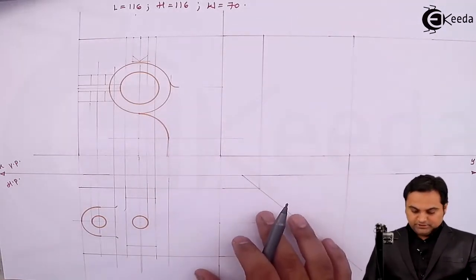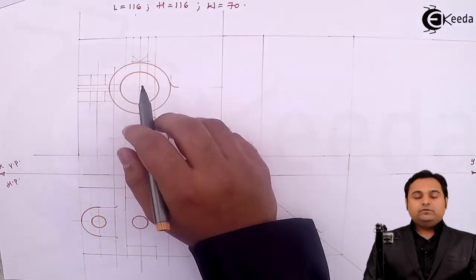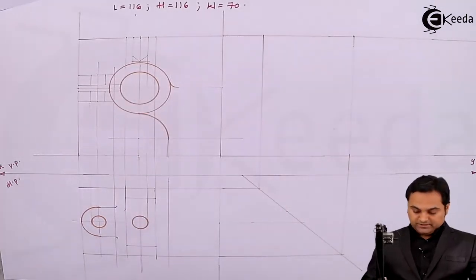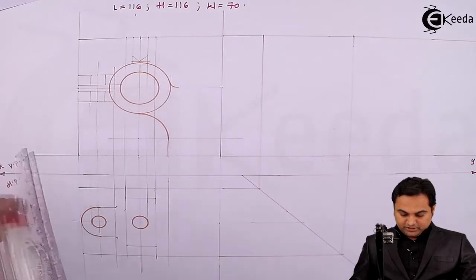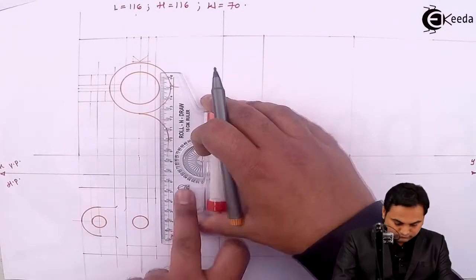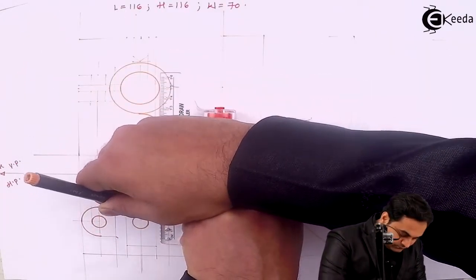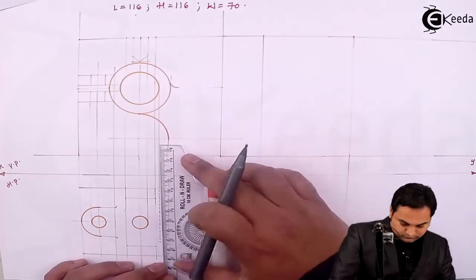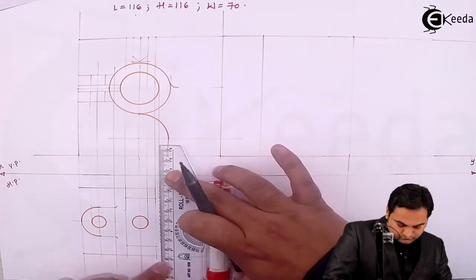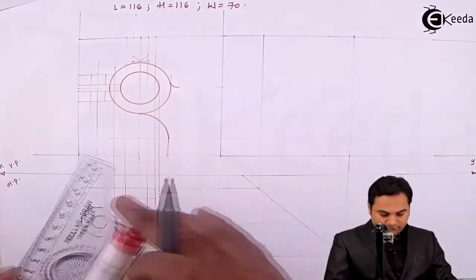Now after reaching up till here, there is a hole inside this cylinder. That hole will not be visible from top, so it has to be hidden. So projecting it down, similarly onto the other side.